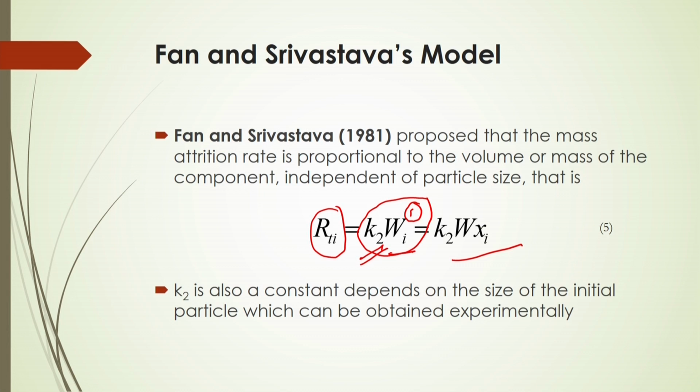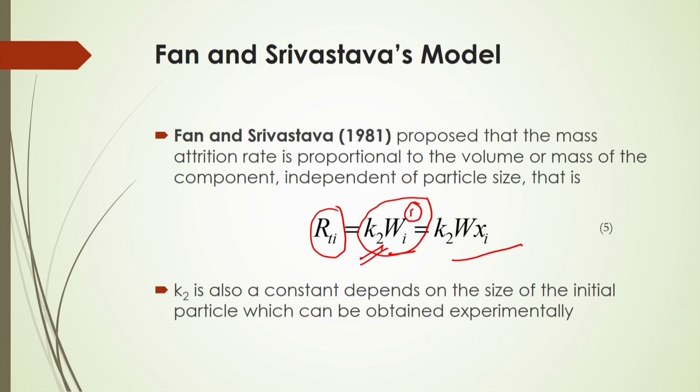So, here it is very interesting that though the model is independent of particle size, you have to find out this proportionality constant just by changing the initial particle size. If you are changing that initial particle size, maybe this attrition rate will be changing.